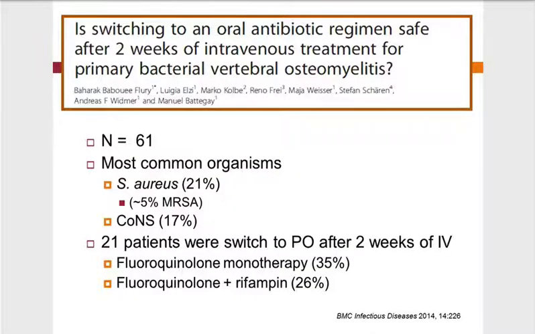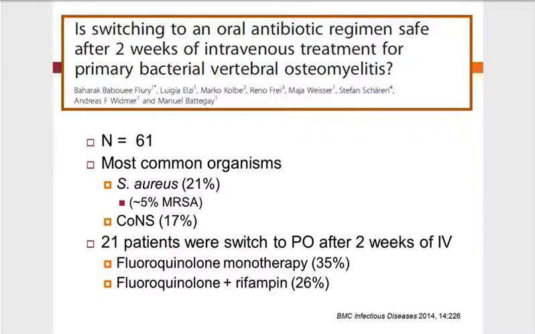They did not have a huge N, but they found 61 patients. The most common organism was Staph aureus, of which only 5% was MRSA. To me at least, it was very interesting that 17% of patients had an infection with coag-negative staph, because this is native vertebral osteomyelitis.